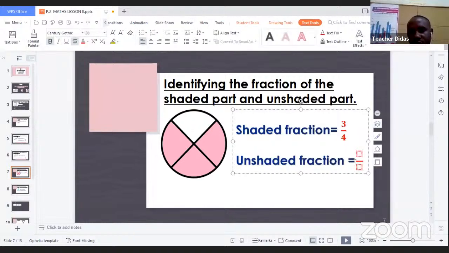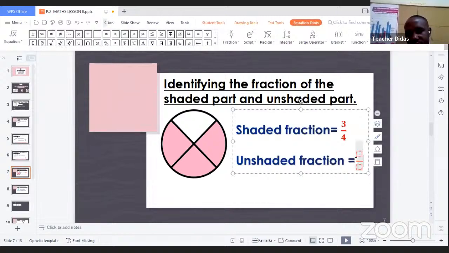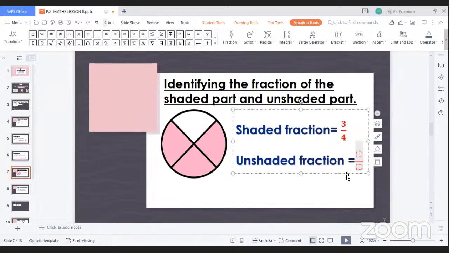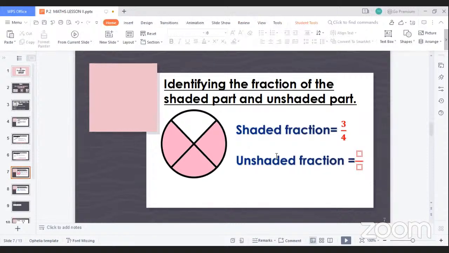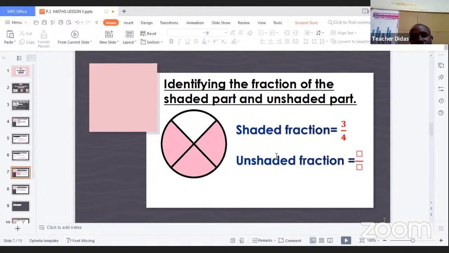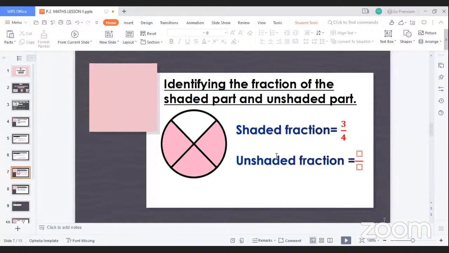What do we do first? Let's count together. We have said we first count all the parts altogether.